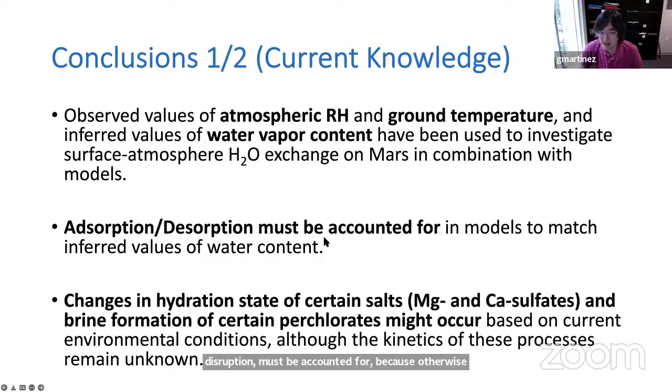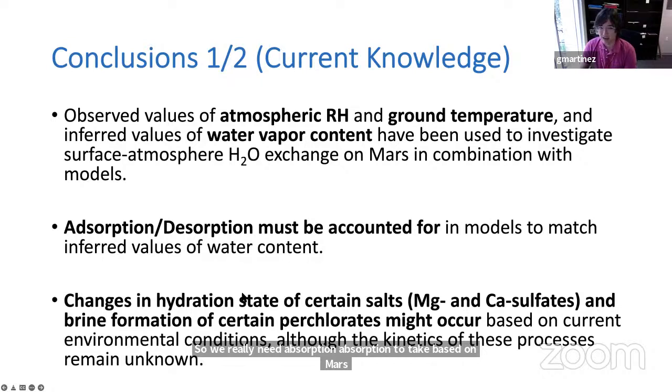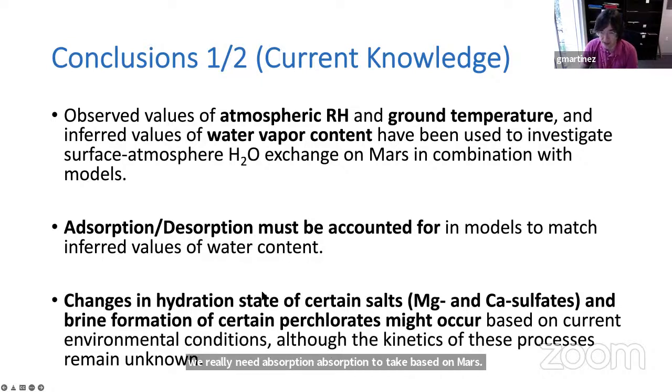So we really need adsorption-desorption to take place on Mars. What about the other processes? Changes in the hydration state and brine formation might occur based on our environmental measurements. But again, the kinetics of this process remain unknown at current conditions.